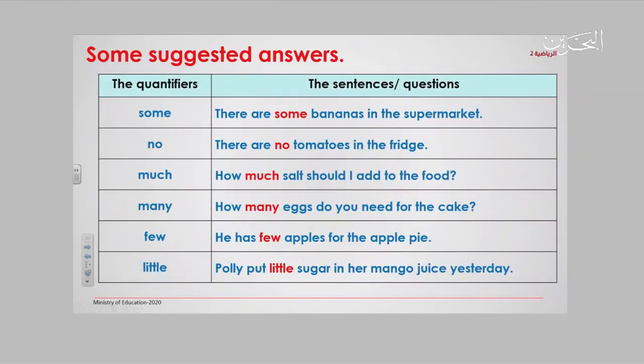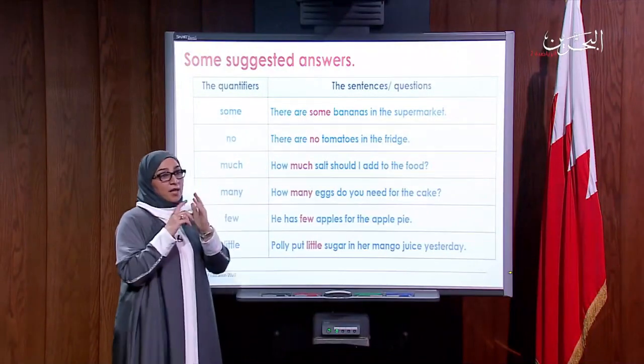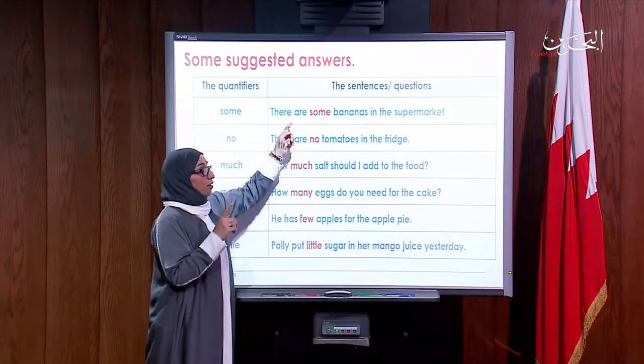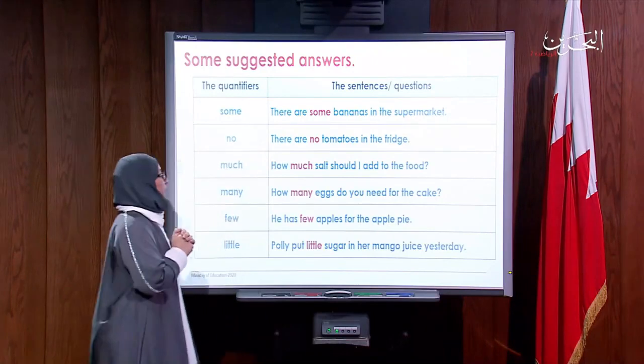There are some bananas in the supermarket, but can I say there is some coffee? No. Why? I cannot say there are for coffee because coffee is uncountable. I cannot use are with uncountable.